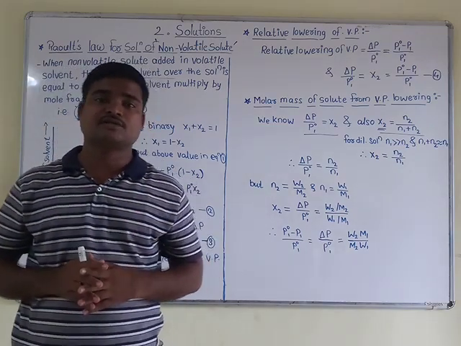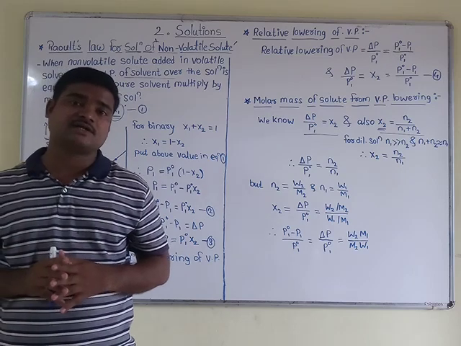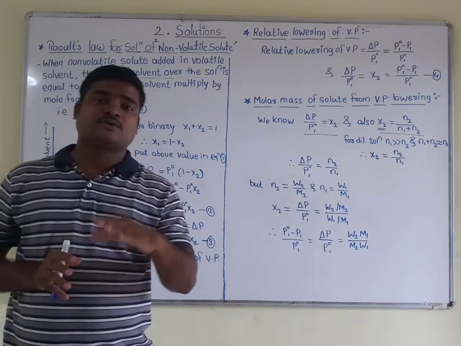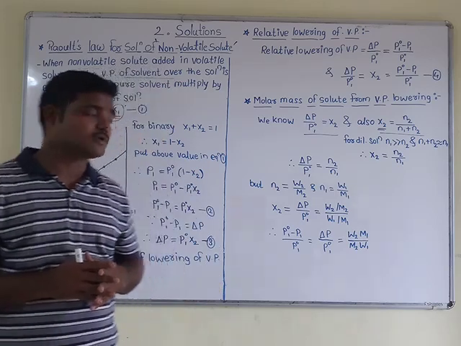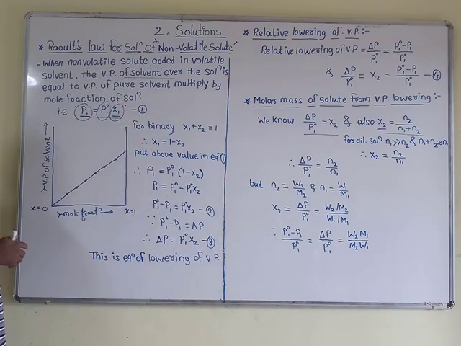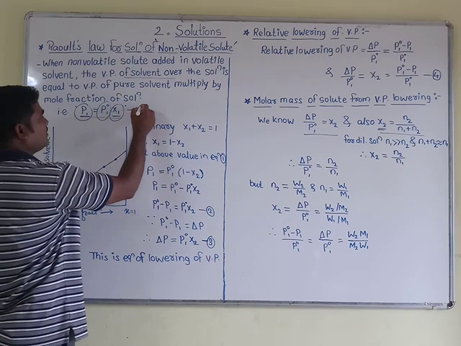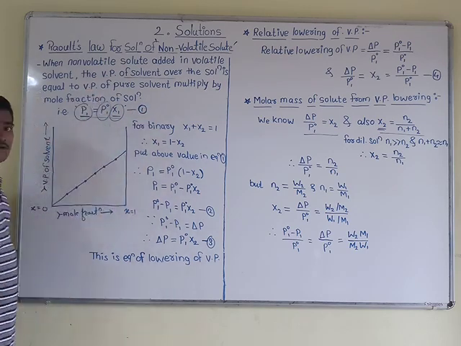So P1, the vapor pressure of the solvent over the solution, is equal to P1 0, the vapor pressure of the pure solvent, multiplied by x1. In solution two types of components are present, x1 and x2, the mole fraction of solvent and the mole fraction of solute. We have converted this statement into an equation, and we call it equation number 1.